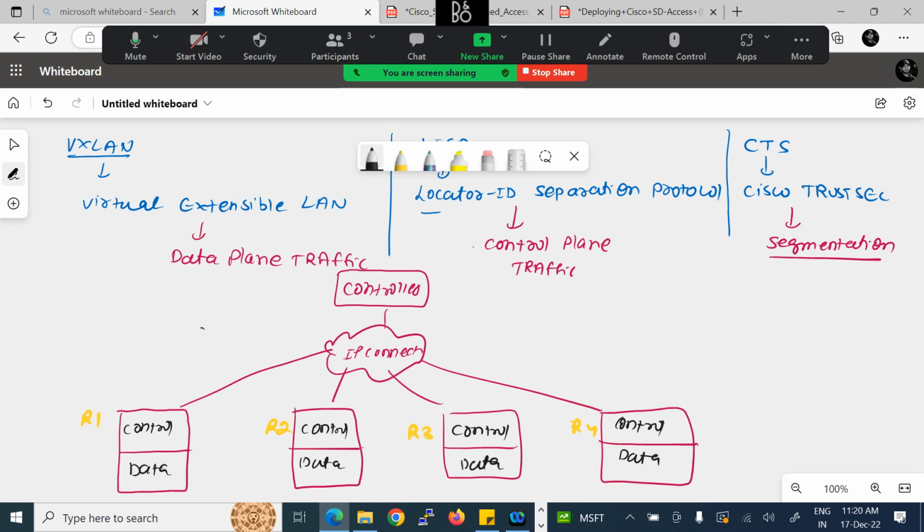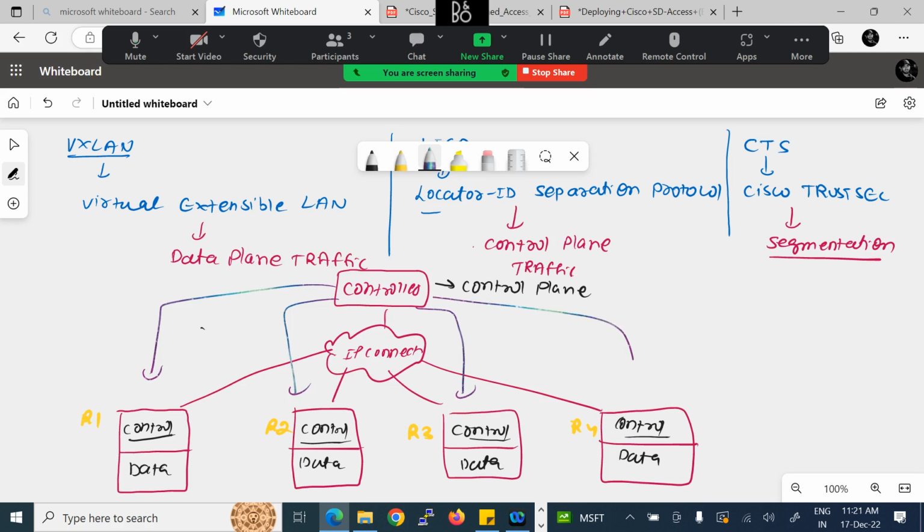What we did here is give the control plane of the network devices to the controller, so the controller will be controlling the control plane of each and every network device.